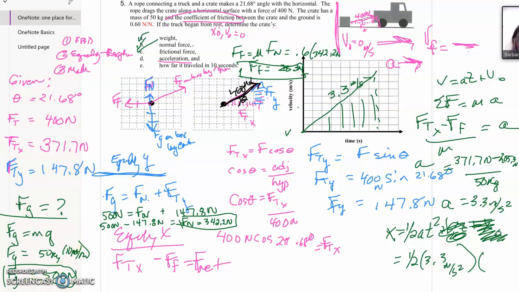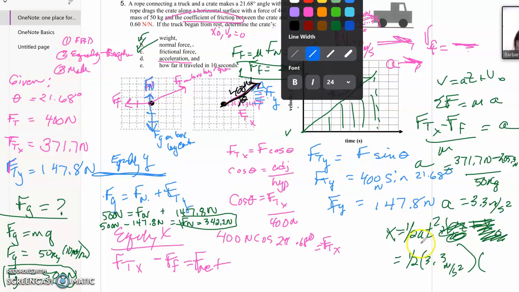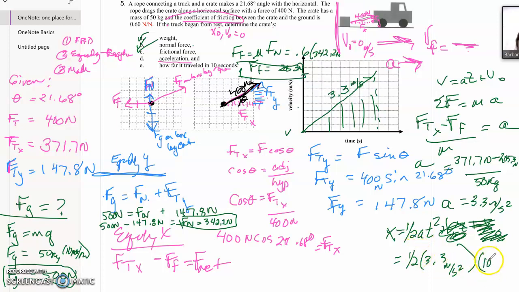Just a second. So the last little bit is just, they want to know how far it goes in 10 seconds, right? Not the whole thing. So then I put in 10 seconds, and then we have 165 meters. So good deal.